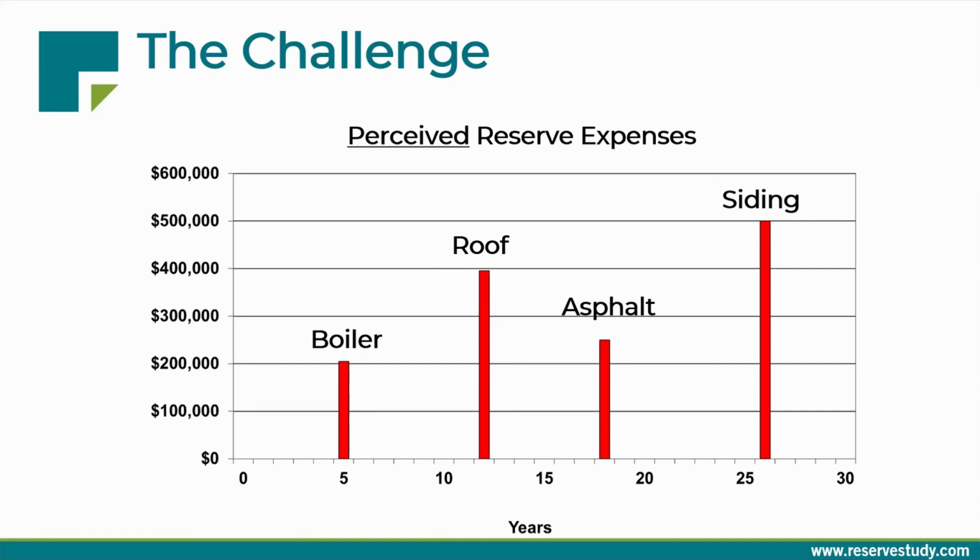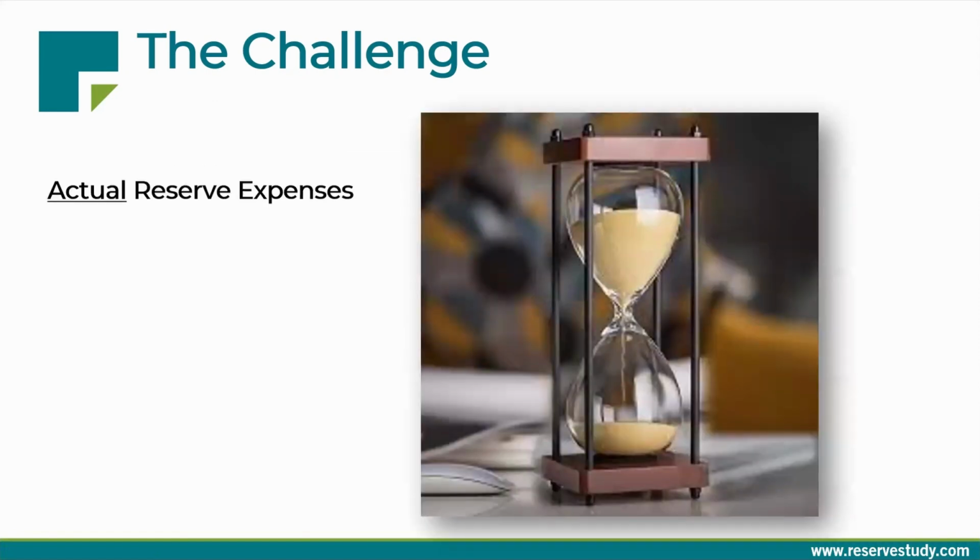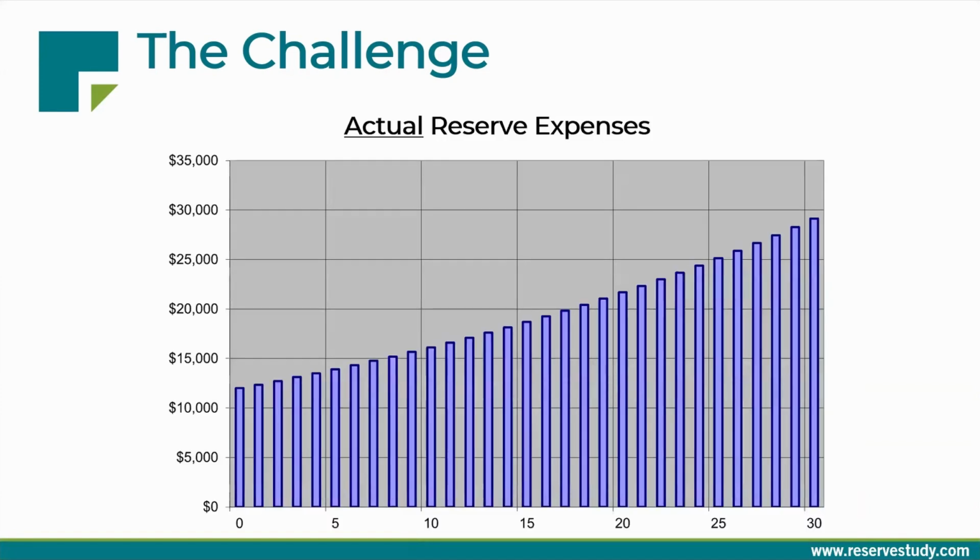But that's not a true understanding of reserve expenses. Reserve expenses, I've said, is due to Mother Nature and Father Time. And a good illustration is like time passing through an hourglass, just a little bit at a time. And that's how reserve deterioration occurs. A little bit at a time, gradually using up the life of your common area components.